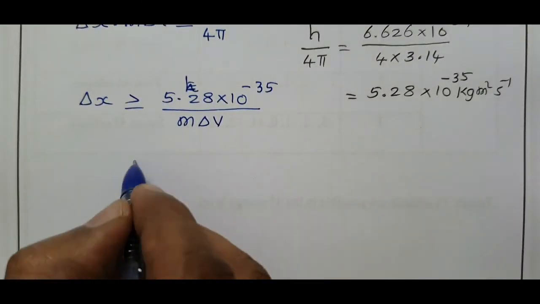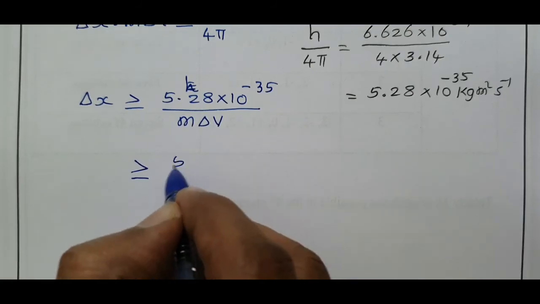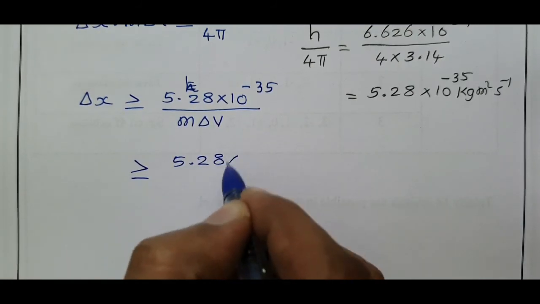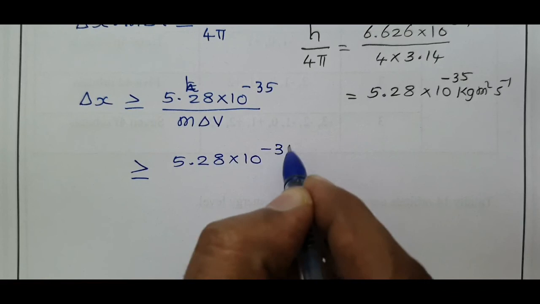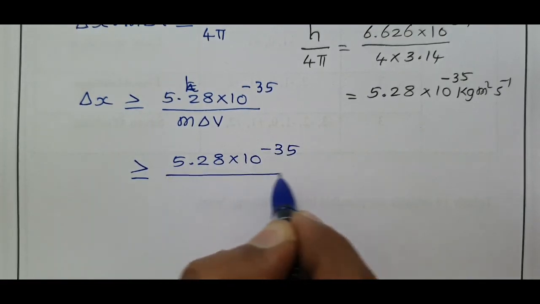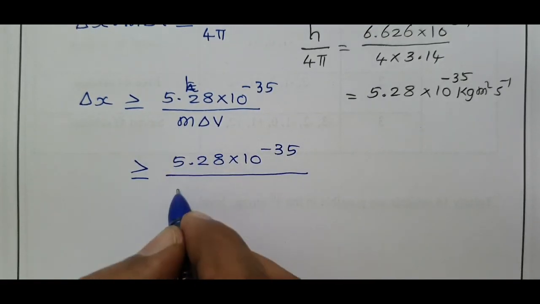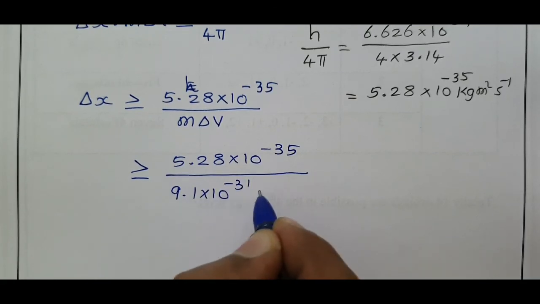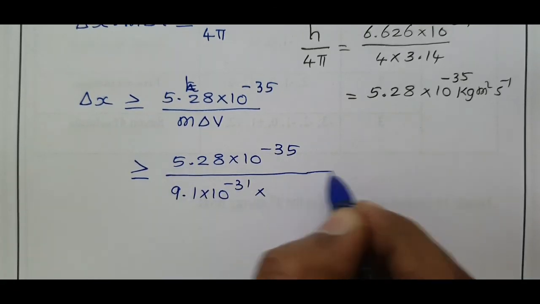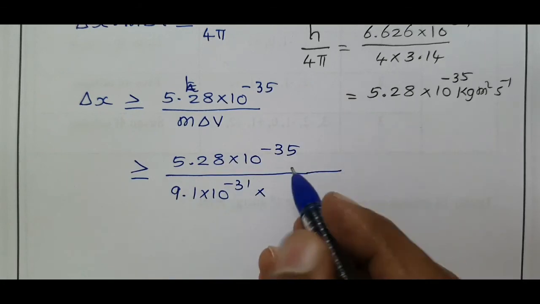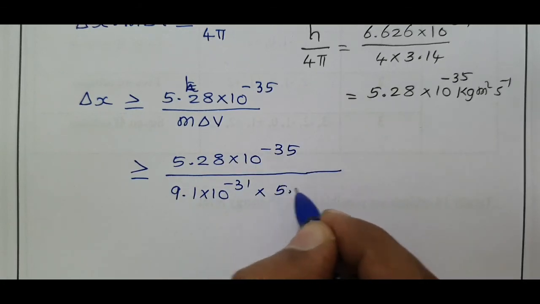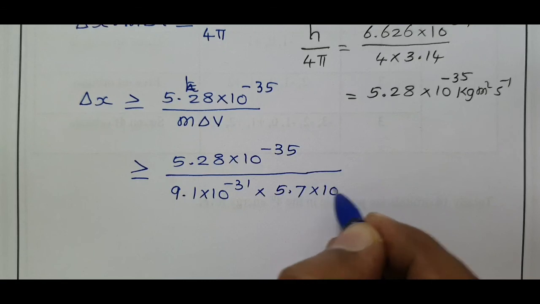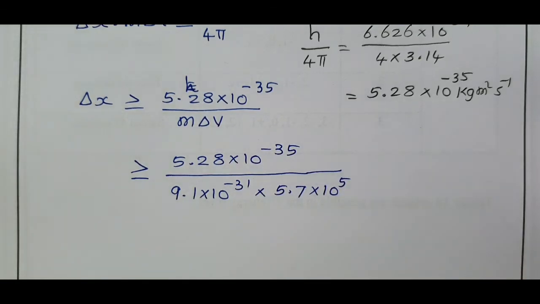Also substitute the other values: 5.28 into 10 power minus 35 divided by the mass of the electron, a constant, 9.1 into 10 power minus 31, into the delta v value given in our problem, 5.7 into 10 power 5.